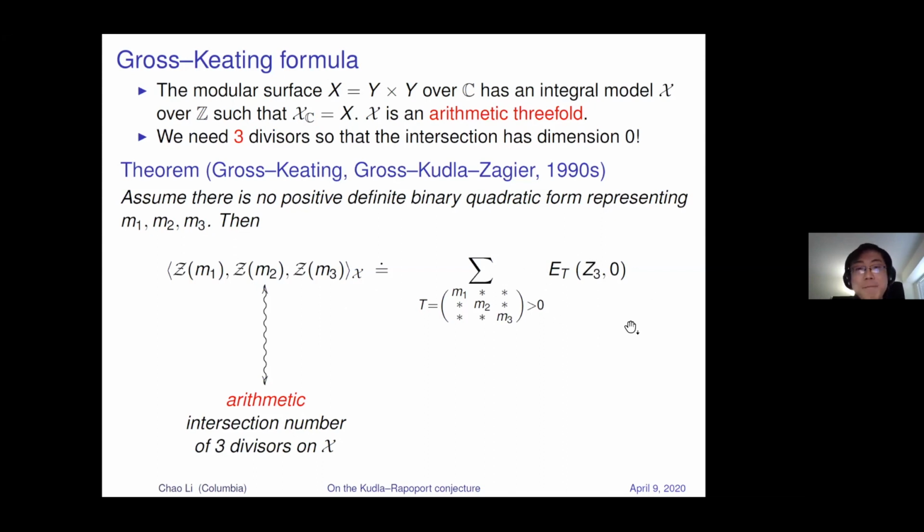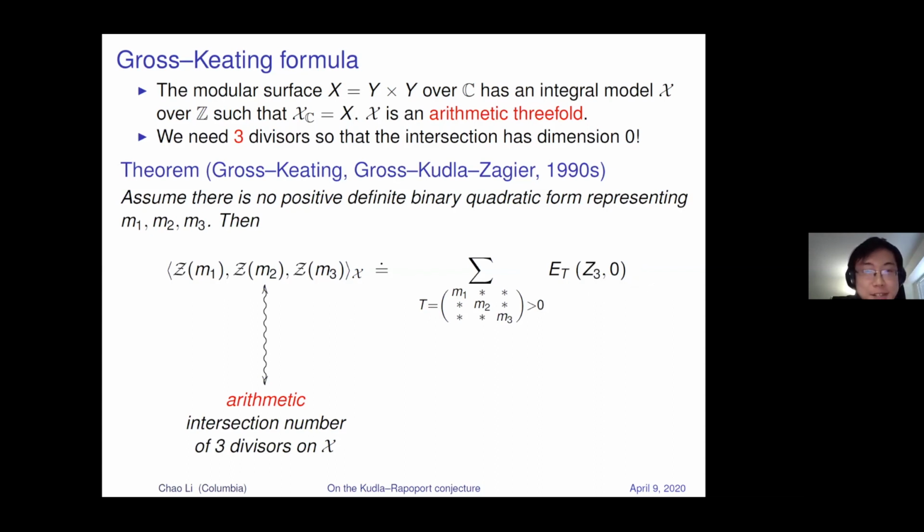And even worse, on the right-hand side, if you check the functional equation of this Eisenstein series at the center s equal to 0, the sign of the functional equation is always -1. So if you evaluate at s equal to 0, then it's vanishing automatically, always. So you cannot expect that the left-hand side, a complicated arithmetic quantity, is equal to 0 always.